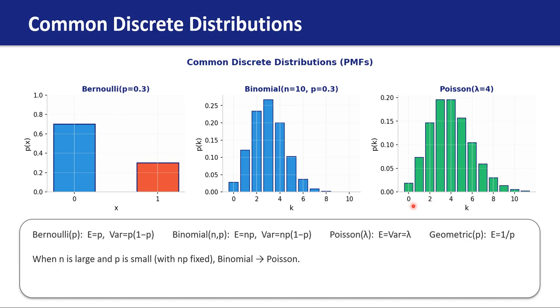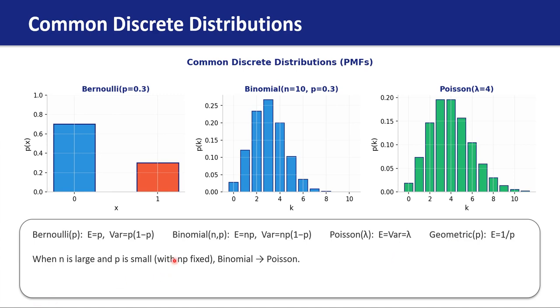For example, packets arriving at a router, customers at a bank, or radioactive decays. P of X equals k equals e to the minus lambda times lambda to the k divided by k factorial. The mean of this random variable is lambda, and its variance is also lambda.